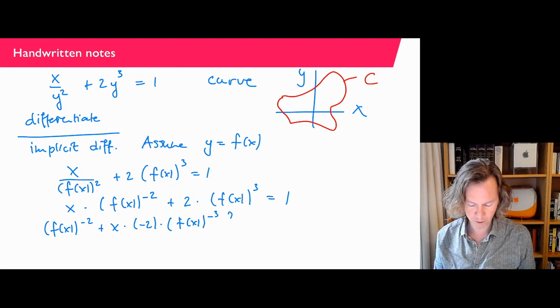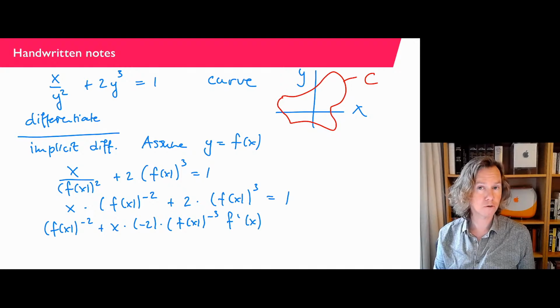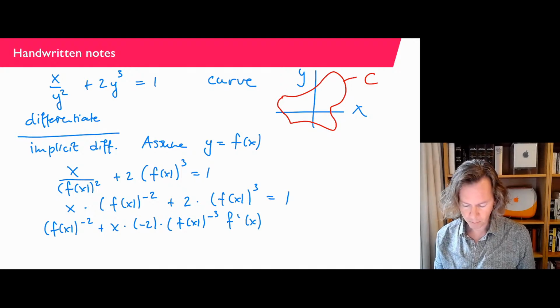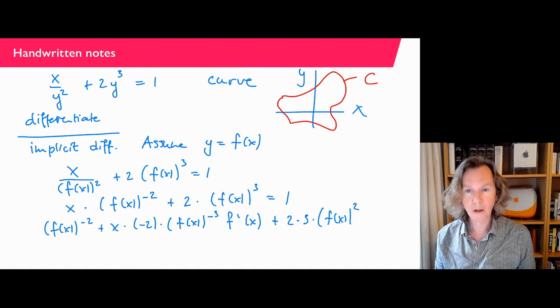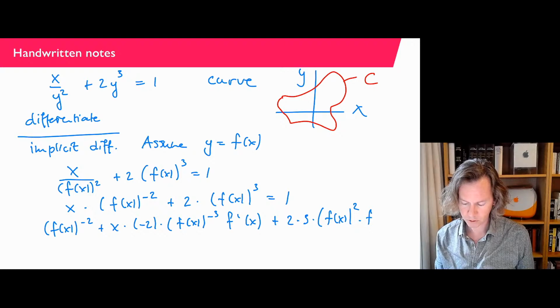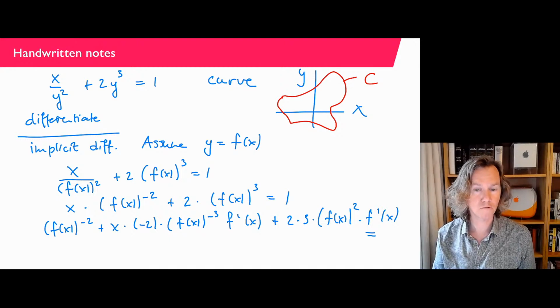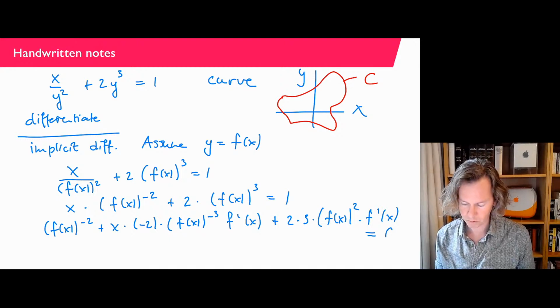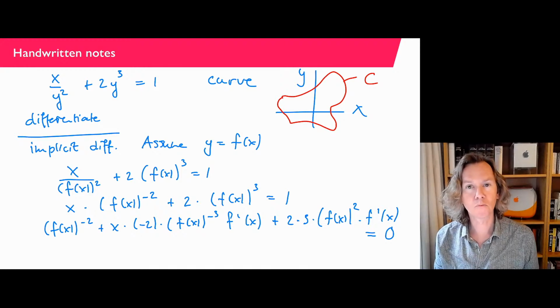So f'(x). And that is the first term where I use the product rule. Plus 2 times 3 times f(x) to the power 2. And again with the chain rule, times f'(x) equals, and then I have to differentiate 1. 1 is a constant. If you differentiate, you get 0. So this is how it would work.